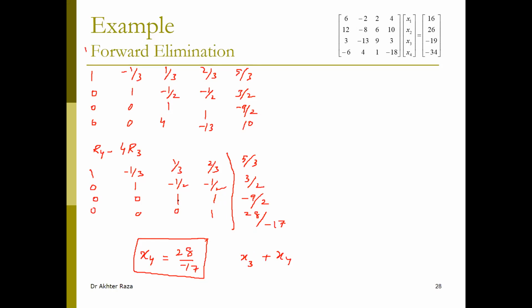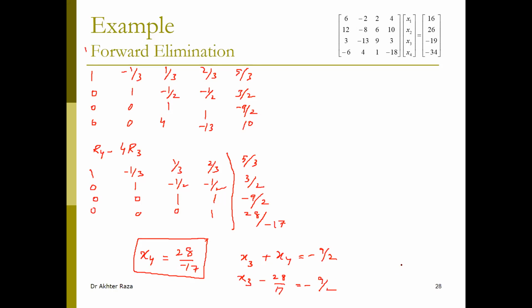So x3 plus x4 is equal to minus 9 by 2. Now substitute the value of x4. This we already have. So x3 plus 28 by minus 17, so instead of plus sign, we have a minus sign here. It is equal to minus 9 by 2.